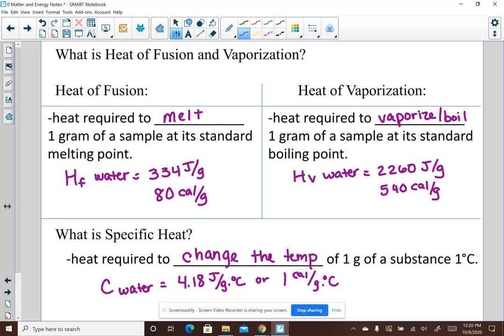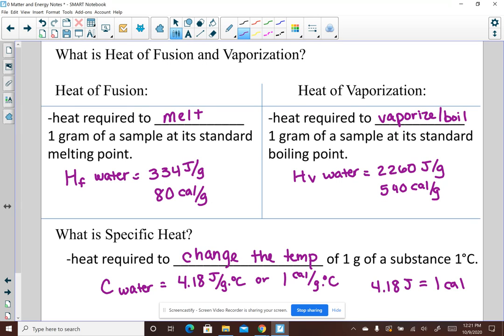Something important to notice here, guys, because you will have to convert between joules and calories sometimes. If you look at specific heat, we can see that 4.18 joules is equal to 1 calorie. So you can use that as a conversion factor later on if you have to change your units for some reason.